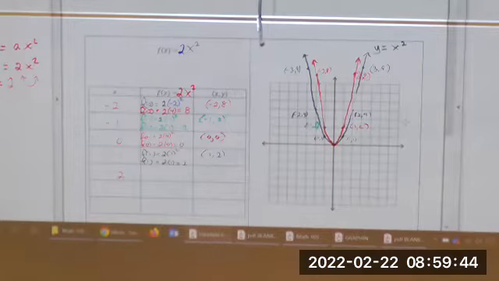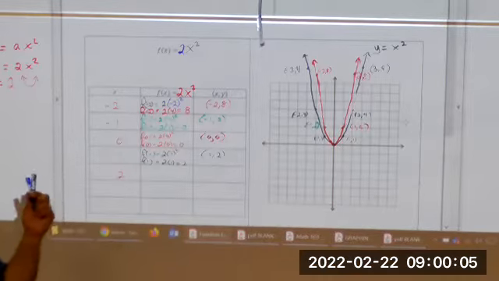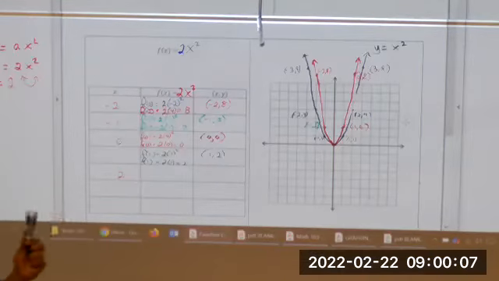Compare. What's the red one doing versus the black one? Give me a word. The red one is more... Smaller, that's close, but they're both going to go up forever to infinity, so it would depend on how you measure small.